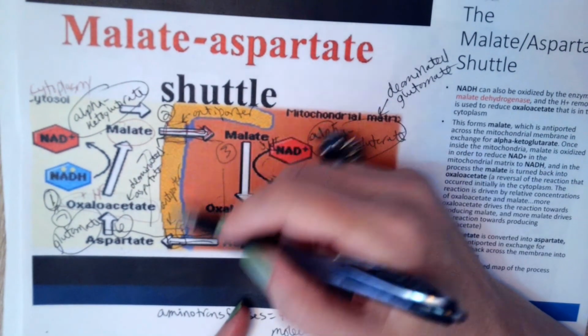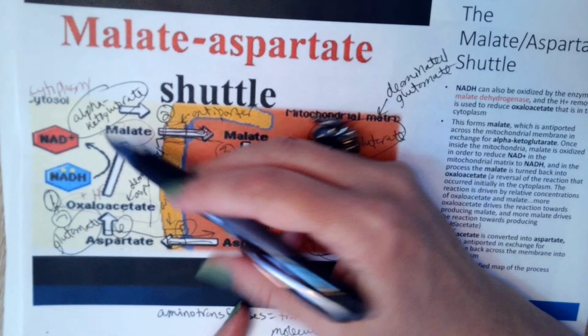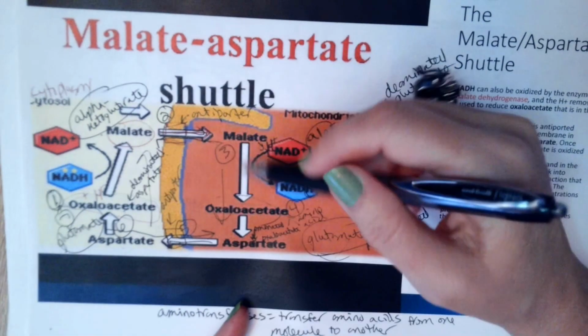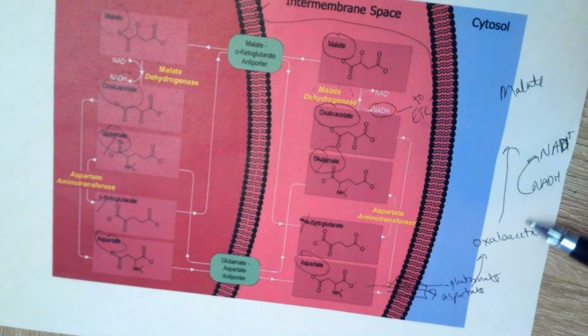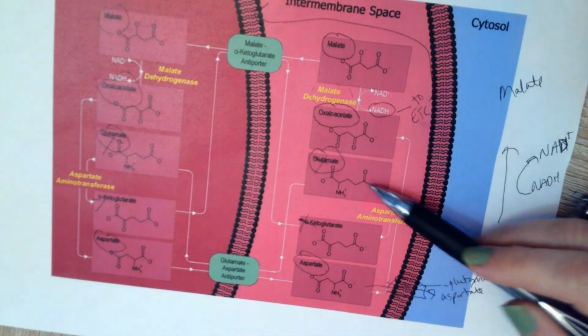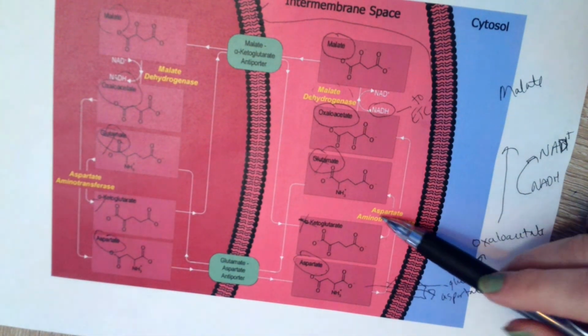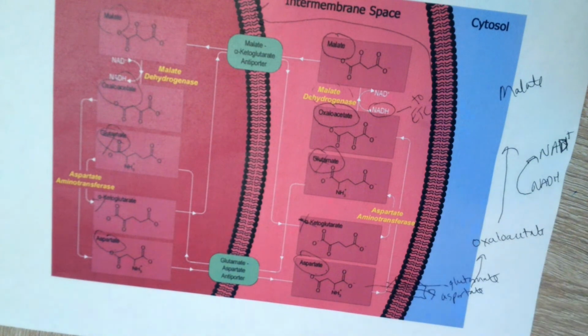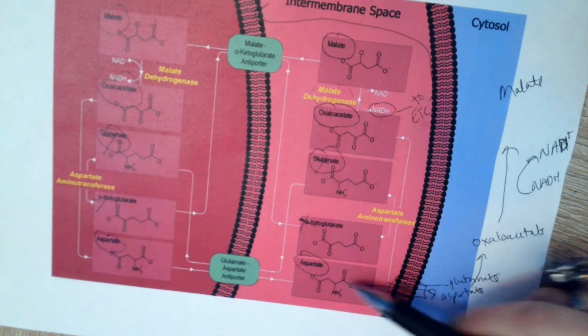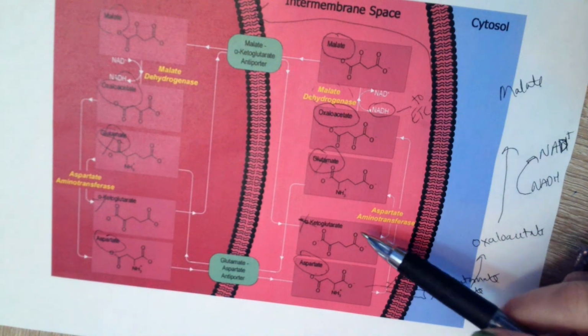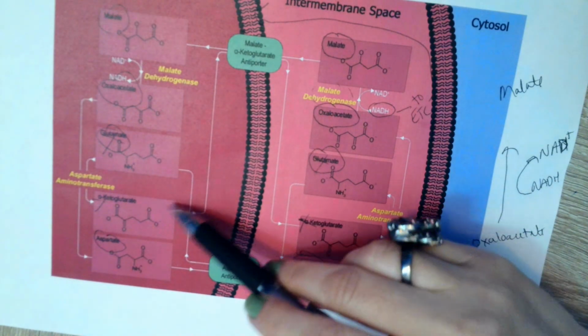This is the outside. So here's the cytoplasm on the left. Here's the inside of the mitochondria. On this picture, the cytoplasm is on the right, and there's the inside of the mitochondria. So we've been looking at this outer mitochondrial membrane, but we haven't really been looking at what's going on inside the matrix.